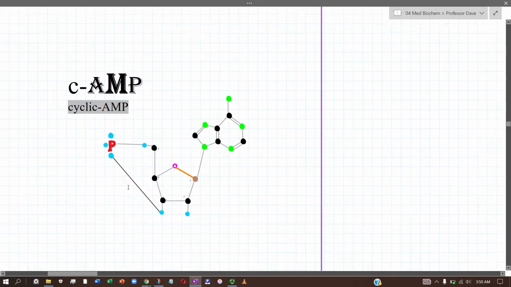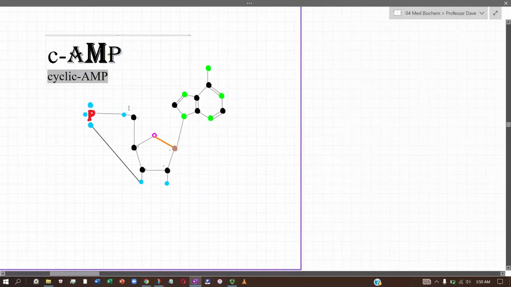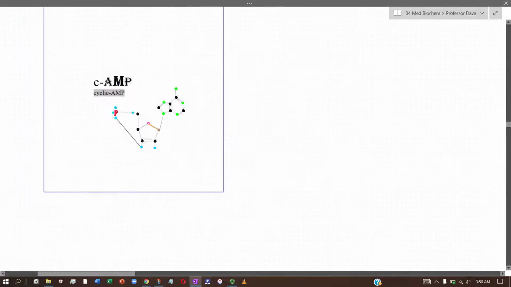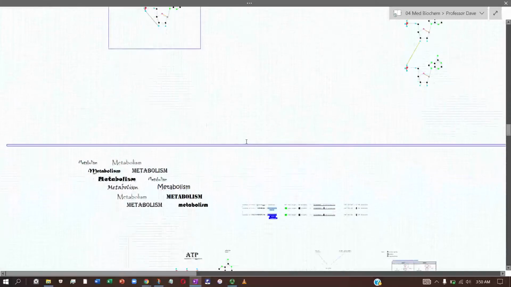So instead of creating a bond between itself and another nucleotide, it creates a bond with itself, hence the name cyclic AMP. So that's pretty important also, and it'll be relevant later.